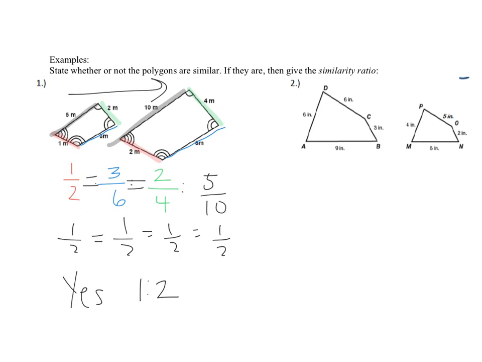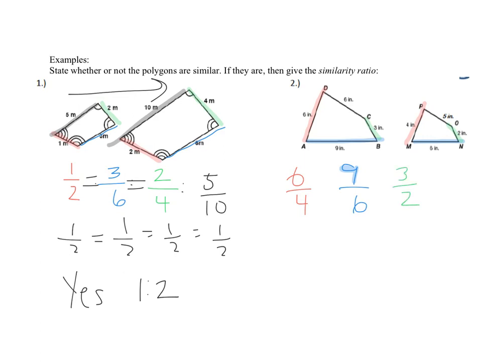All right, for the second set, let's do the same thing. Let's look for our corresponding sides and see if we can find the ratio of that. So let's start with this side. From D to A would match up with P to M, and that ratio would be 6 to 4, or 6/4. And then the next set, if I go around the circle, A, B to M, N, we've got 9 to 6. And then continuing around, we get 3 to 2.